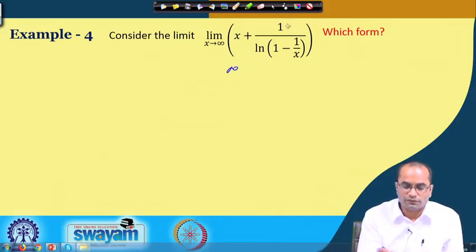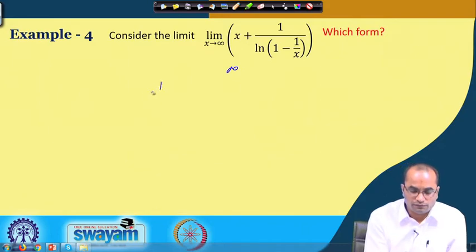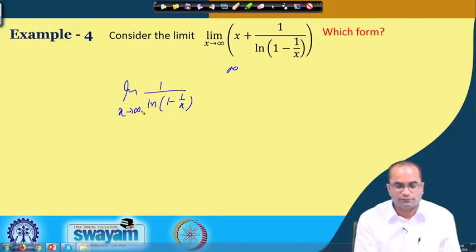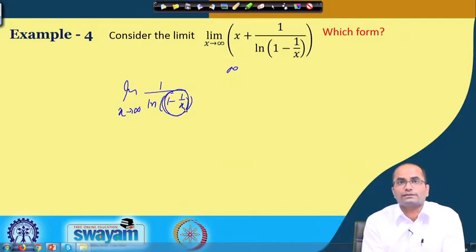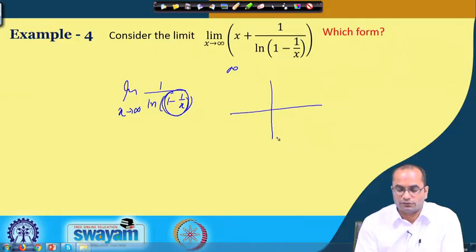Now, this limit 1 over ln 1 minus 1 over x as x goes to infinity. So, here we have to be careful when x goes to infinity. So, this is 1 minus something, this expression here is 1 minus 1 over x. So, this is less than 1, and the logarithmic here ln. So, if we just draw the graph, here it is 1.